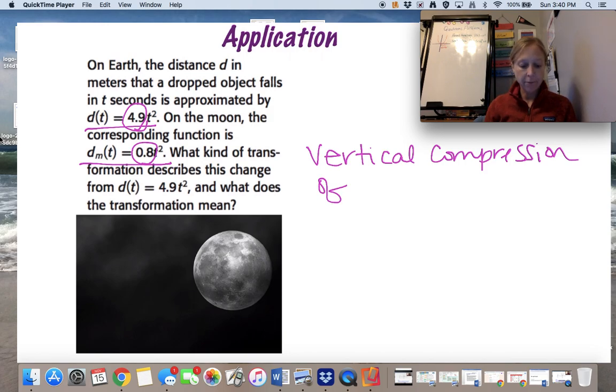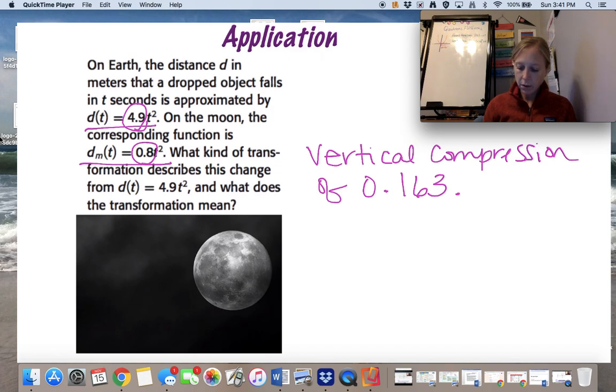So it's being divided by 6.125, which means it's being multiplied by 1 over 6.125. So I'm going to put 1 over 6.125 in my calculator, and I get 0.163. I'll round it to 0.163. It's a vertical compression of 0.163.